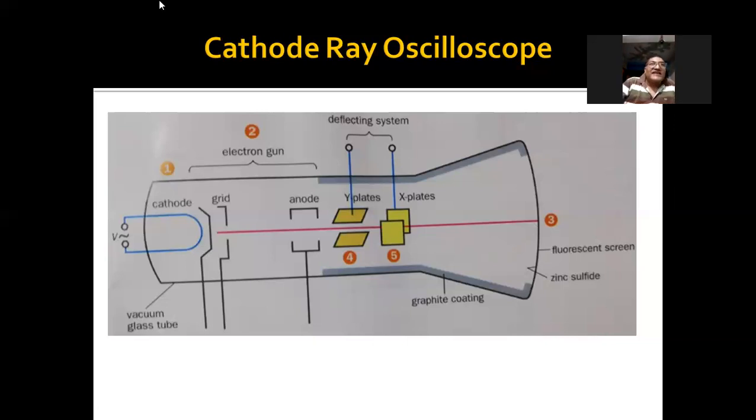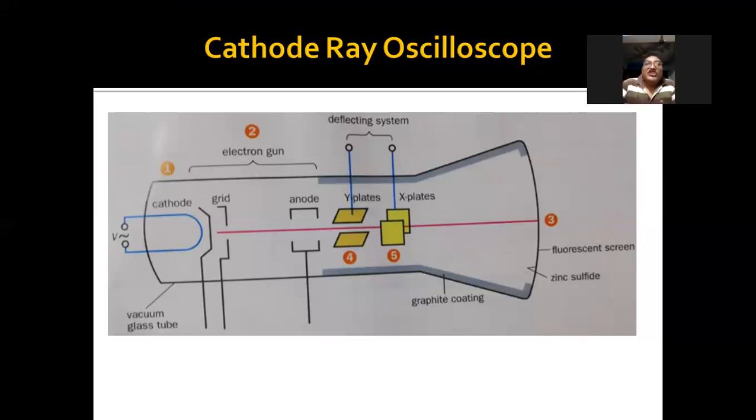And if this plate becomes positive and that plate is negative, the negative electrons will be attracted to this plate. So when you look from here, the beam of electrons will move from the center towards the left side of the screen.